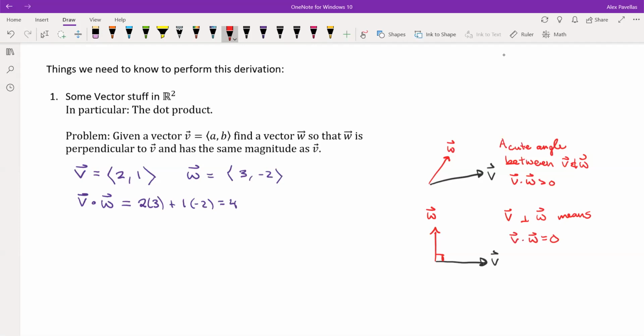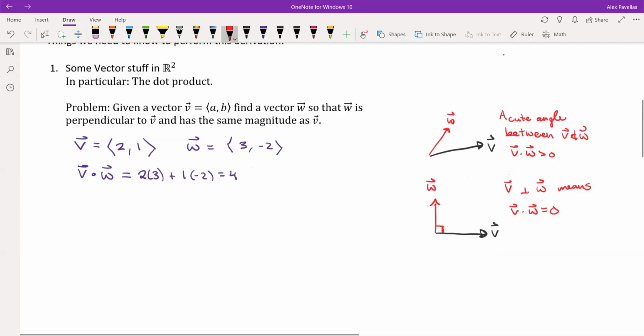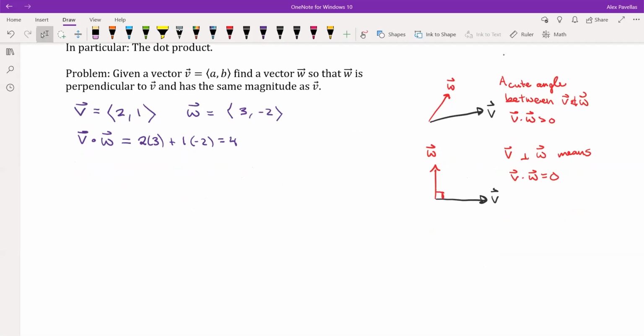And then if you get a negative number, that means you get an obtuse angle. For completeness' sake, I will write that. If I have v and w and we've got an obtuse angle, so w points that way, say, then v dot w will be negative, so that's an obtuse angle.